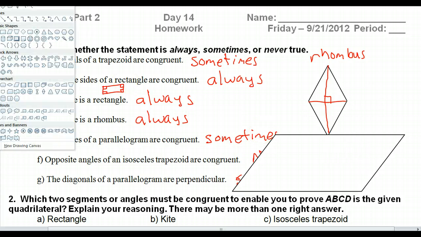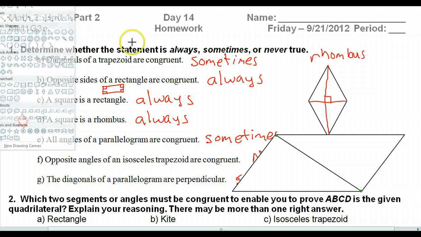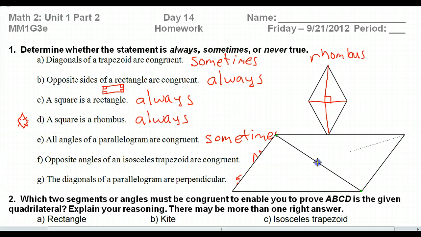Alright, if I look at the diagonals of this thing, here's a diagonal, and here's a diagonal. So for your basic general parallelogram, you can see just by looking at it that these are not perpendicular. This is an acute angle, this is an obtuse angle, this is not 90 degrees.